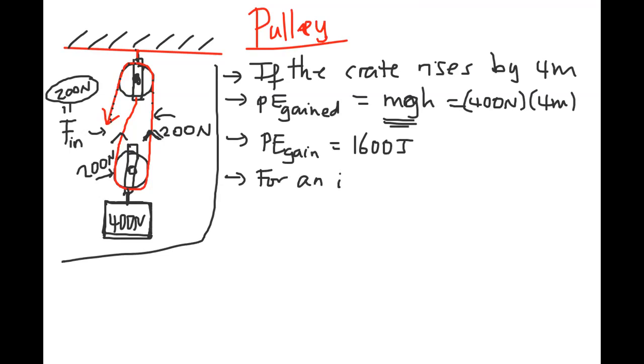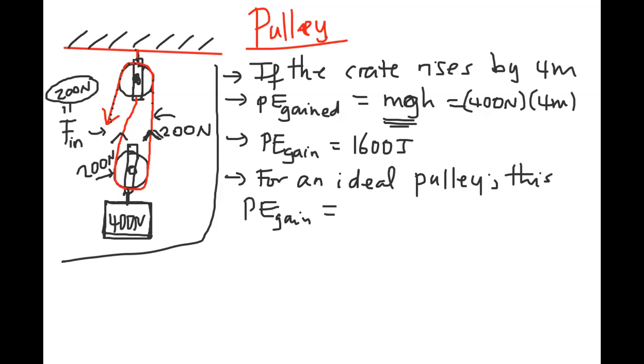For an ideal pulley, this potential energy gain must be equal to the work done by the pulling force, or whoever is pulling there, which is equal to the energy expended in pulling.